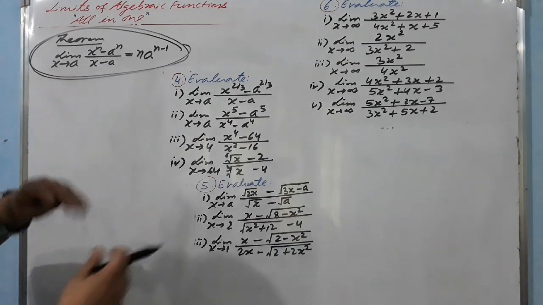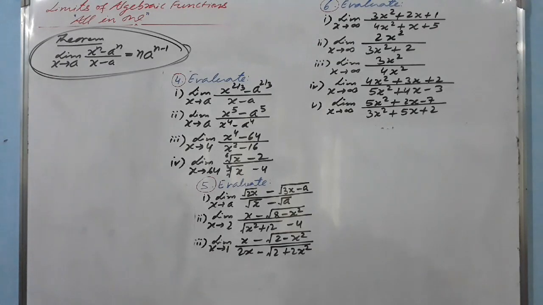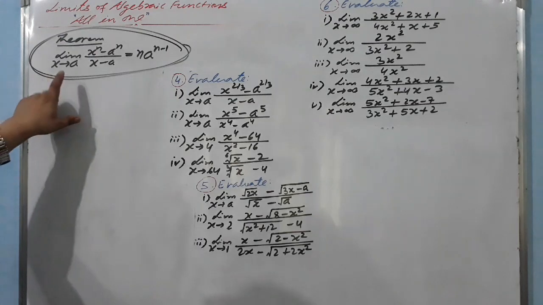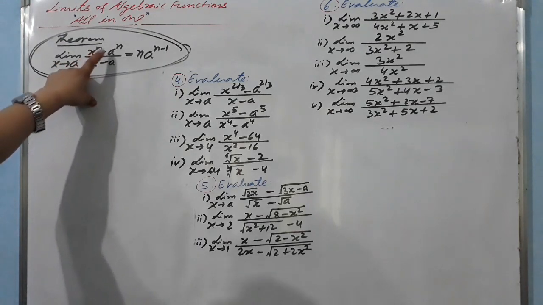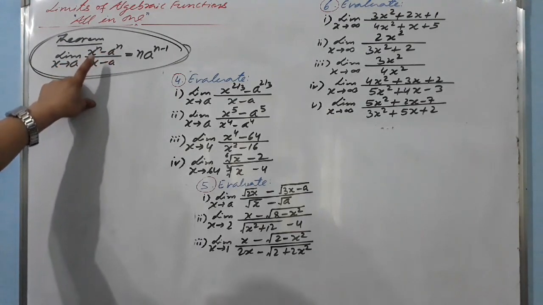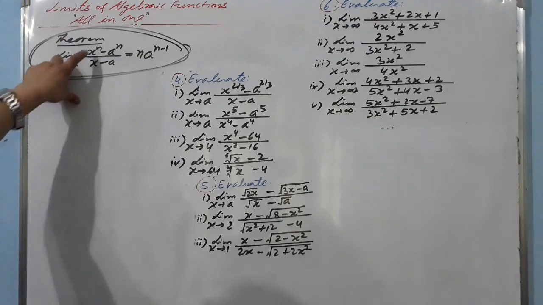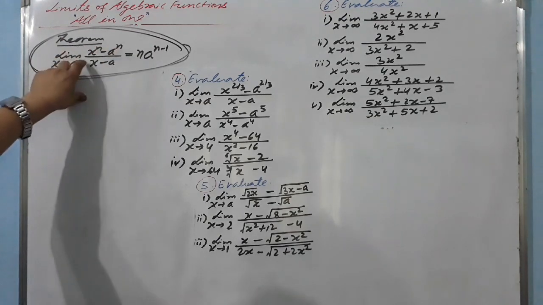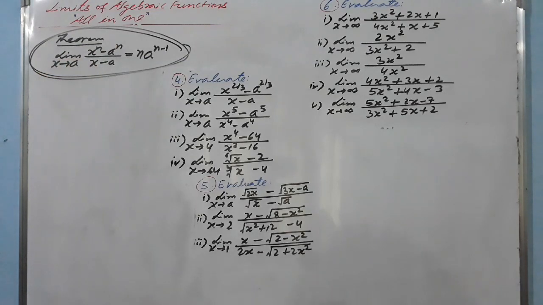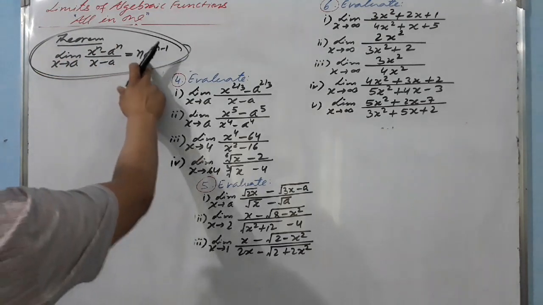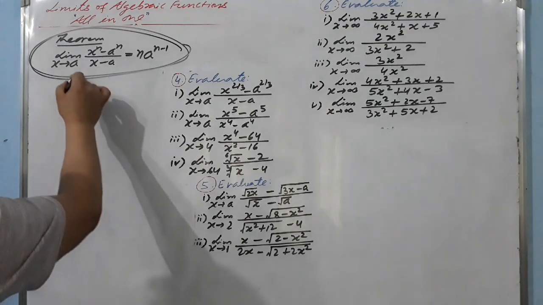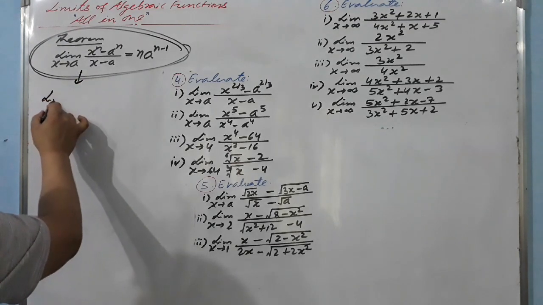Firstly, try to understand the theorem. The limit as x tends to a of x raised to power n minus a raised to power n over x minus a. Then only can we write n a raised to power n minus 1. Let me write down one simple example.